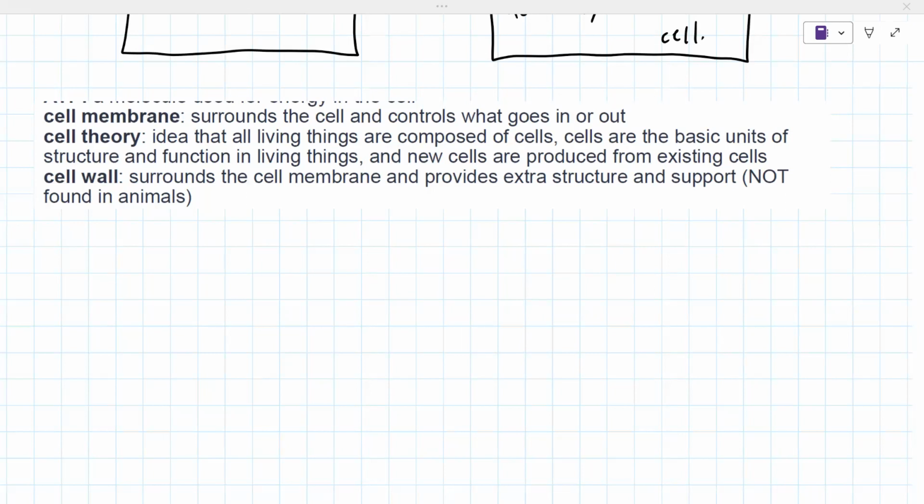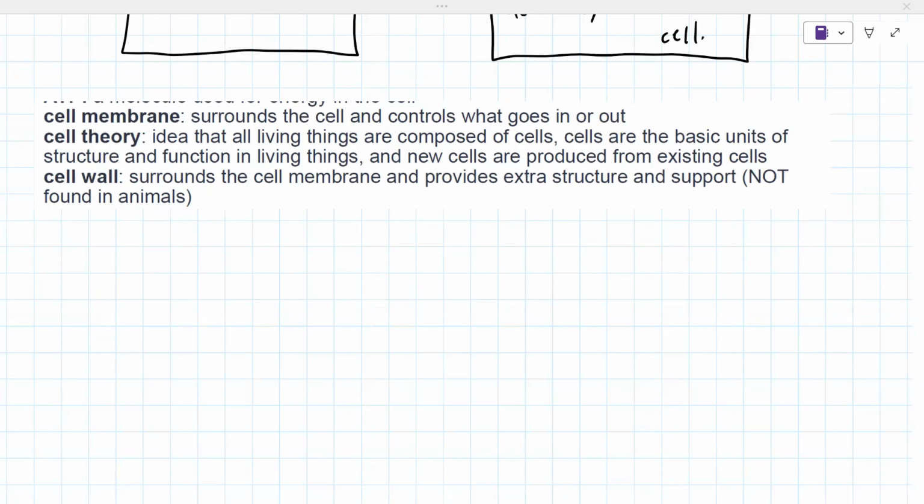I'm back. Okay, a cell membrane surrounds the cell and controls what goes in or out. Can you think of something else that controls what goes in or out? Cell wall. No, just something else in your home. Think about your home.